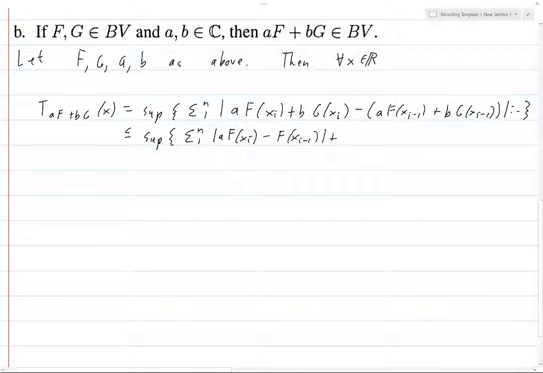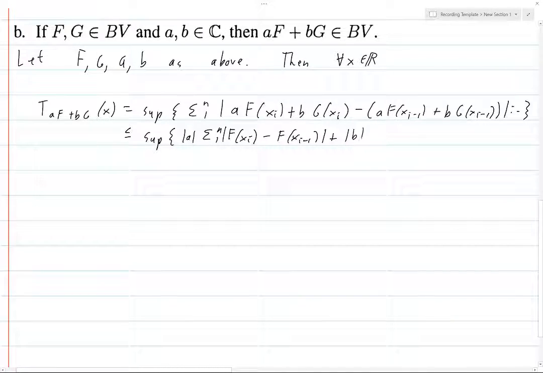Anyways, actually, you know what, we can just do this in one step. What's going to happen is that this a is going to pop out in absolute value. We're going to get the sum from 1 to n of just the absolute value of f(xi) minus f(xi minus 1).